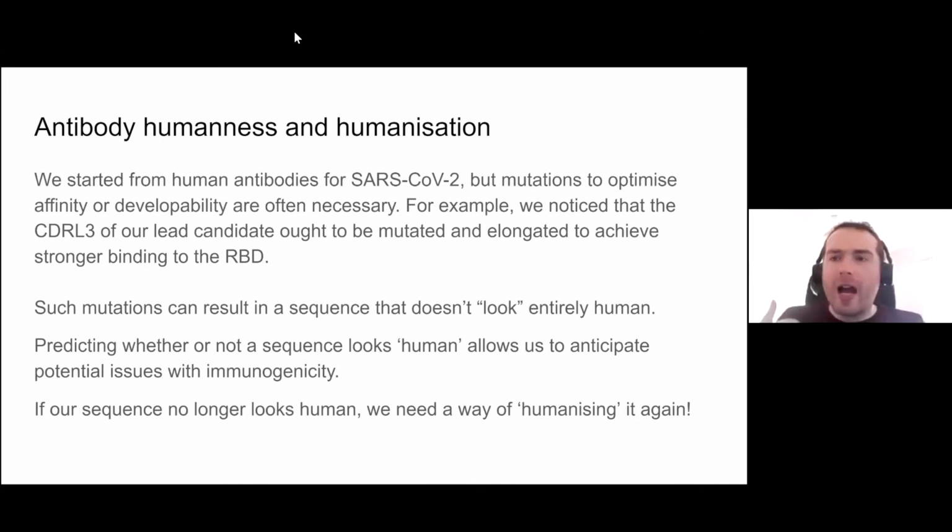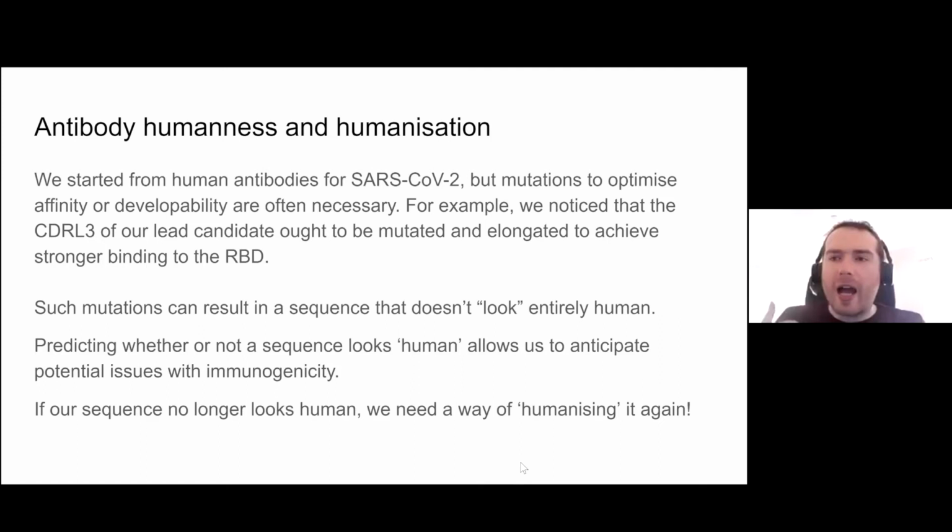If we're thinking about developing a potentially novel antibody, we might start from something that is human. In this case, we started from human antibodies for SARS-CoV-2 from the OAS database. But in order to optimize affinity or developability, it's often necessary to make mutations to the sequences, to change some of the amino acids.